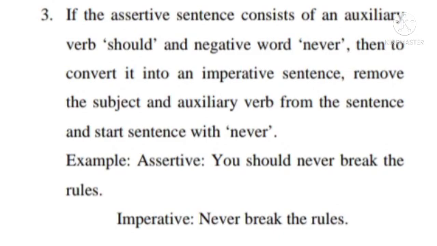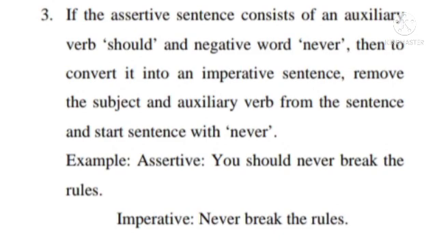Assertive sentence: you should never break the rules. In this sentence, never indicates negative meaning. So we have to change it into imperative. We write like this: never break the rules.